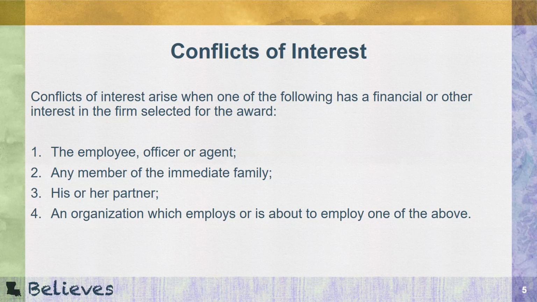And this applies to the employee, or officer, or agent, any member of the immediate family, his or her partner, any organization which employs or is about to employ one of the above.